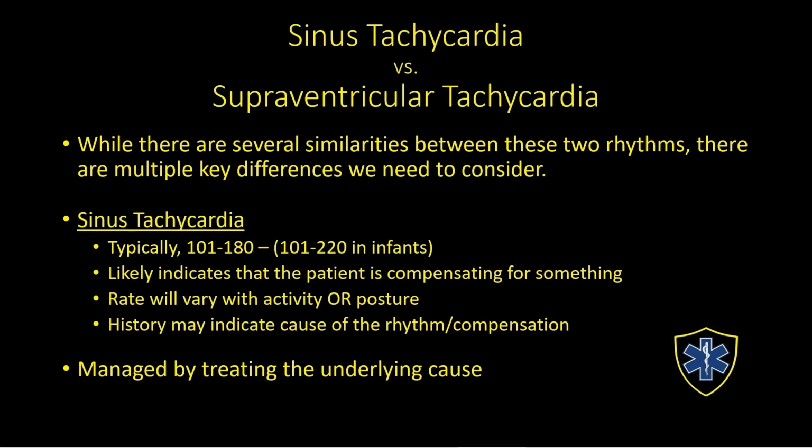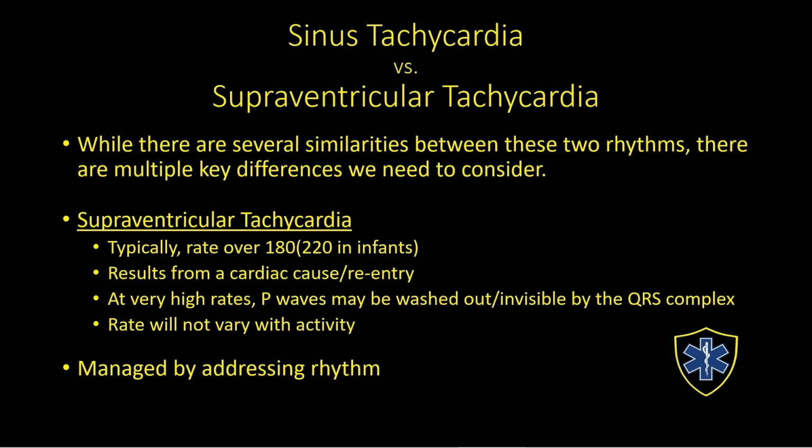On the other side of the coin, let's look at SVT. Typically, it's going to have a rate of over 180, or 220 in infants, and it's actually resulting from a cardiac cause or a re-entry mechanism within the cardiac conduction cycle itself.